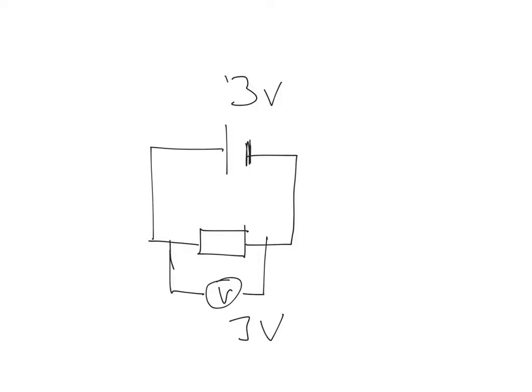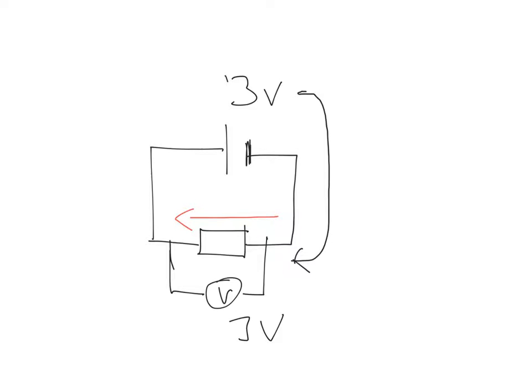Now, you're imagining that as the electrons travel around the circuit in this direction, they have that amount of energy per coulomb of charge that's carrying that energy, and as it passes through this resistor, it's going to transfer that energy into heat energy, because it's got to do work moving through that resistor.